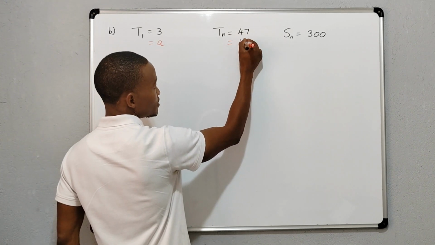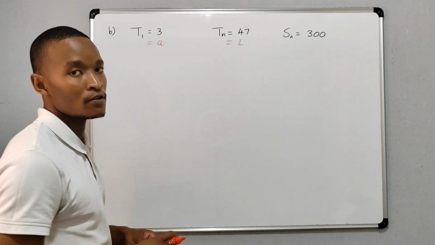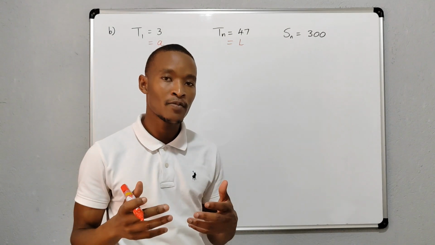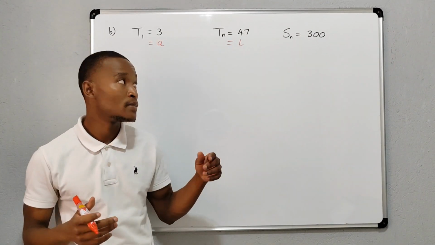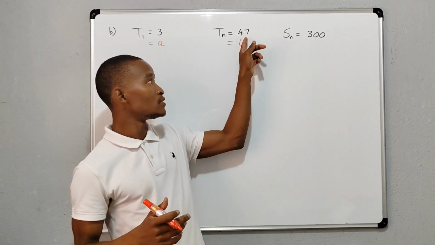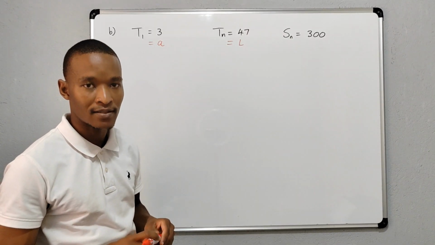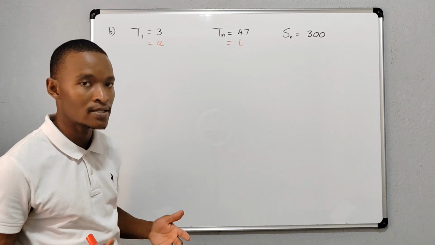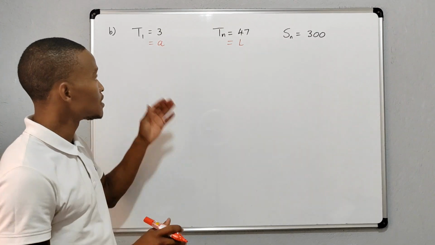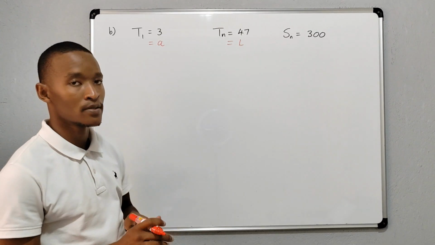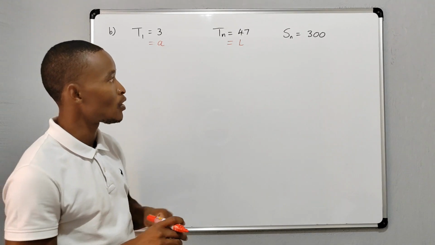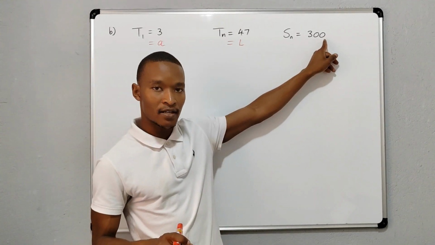What does this represent? That is the value of L. If you use the sum formula that involves the last term, you'll recall that you will need to use that 47 in place of L. Okay, the very first question is to determine the number of terms that exist in this situation, where if you add up all the terms, you get 300.